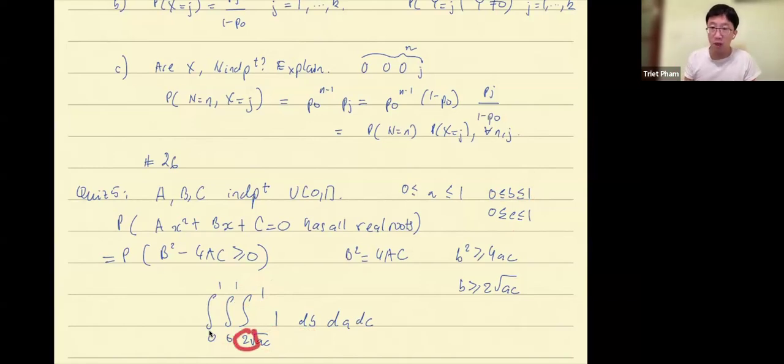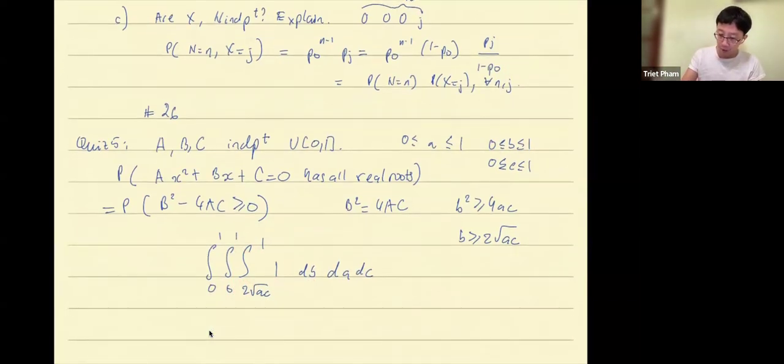If you multiply by 2, clearly some combination will be more than 1. In other words, we have to not look at the region of the square here, but the region where 2 square root of AC is less than 1.